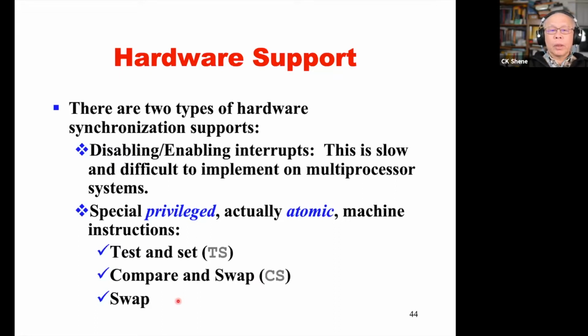Compare and swap and test and set, if I recall correctly, appeared as early as the IBM System 370, which appeared in the early 1970s. So as you can see, hardware support through atomic machine instructions appeared very, very early. It's 50 years ago. So we will review test and set and compare and swap instructions briefly.